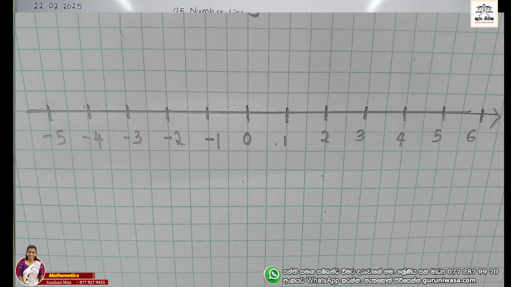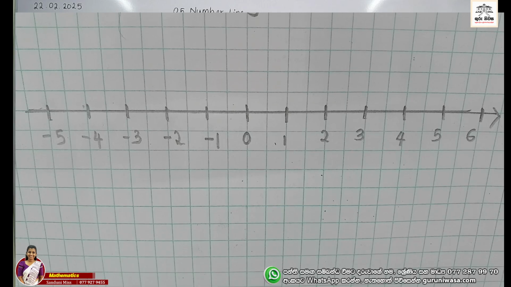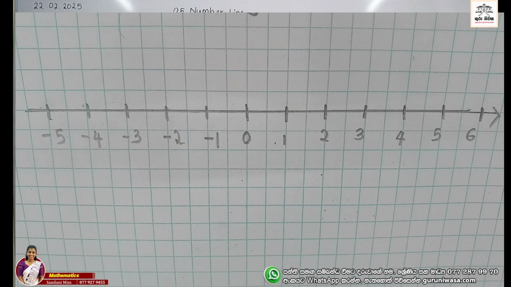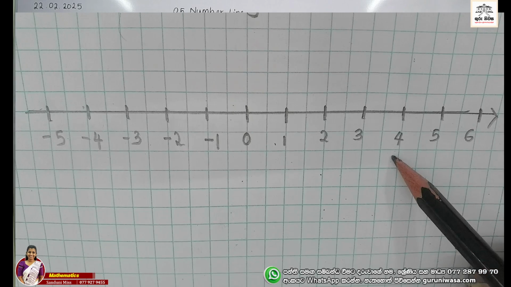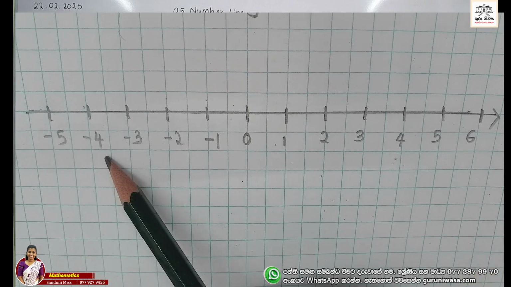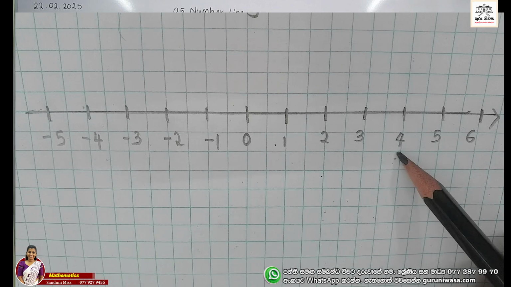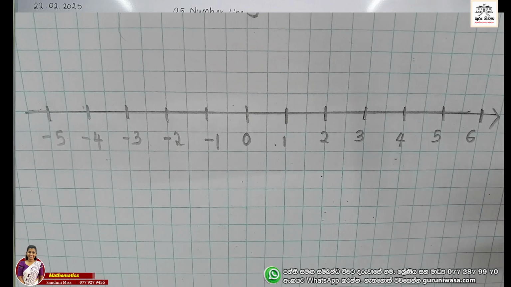Next you have to mark. First is A, which is 4. Now we are going to mark 4. Now where is 4? 4 is here. Here also you have 4. This is negative 4, but I have positive 4. Negative 4. I have to mark A here.